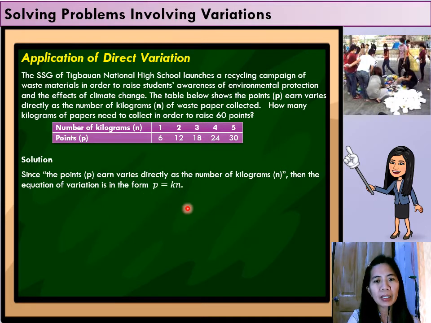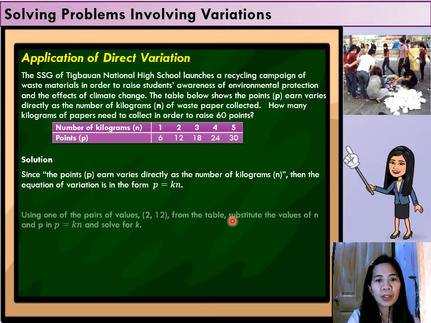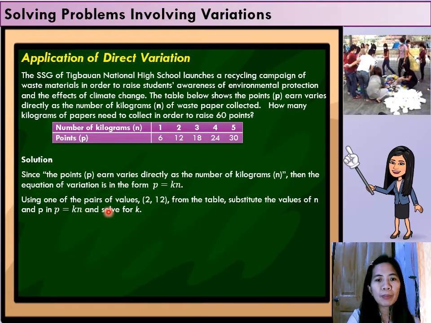Remember, it is a direct variation. Using one of the pairs of points from the table of values, we can choose any of these pairs. For me, I choose 2 and 12 from the table. We are going to substitute these values in the equation and solve for the constant.